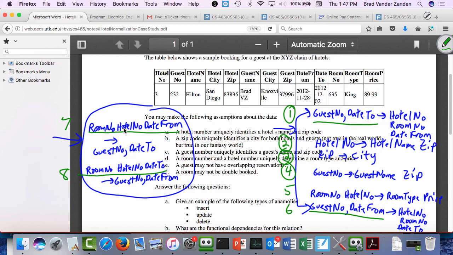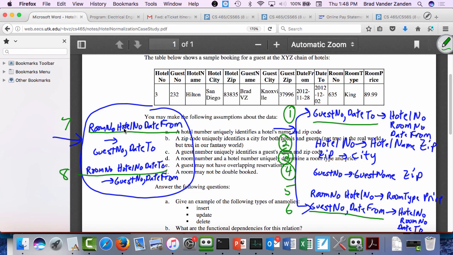Number 4, and only number 4, because it's the only one that has a subset of the primary key in the determinant. All others do not have a subset. Okay, 6 has guest number in it, but it's not a subset of 1. Okay, so only 4 is a partial dependency.